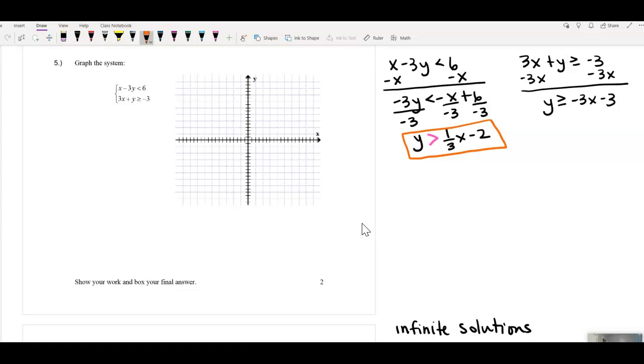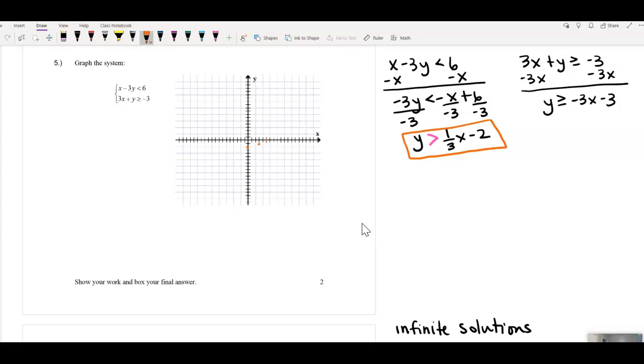So this first equation, right, when I graph it, I'm going down 2 places. So my y-intercept is at negative 2. And then from there, I'm going up 1 and then to the right 3. So up 1 and right 3 is about here. All right, and then I can do that again, up 1, right 3.